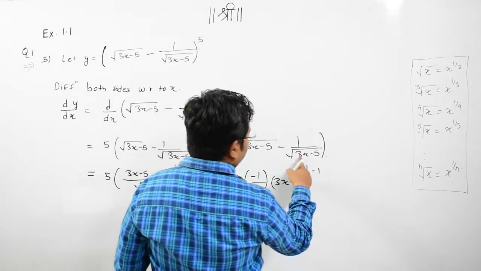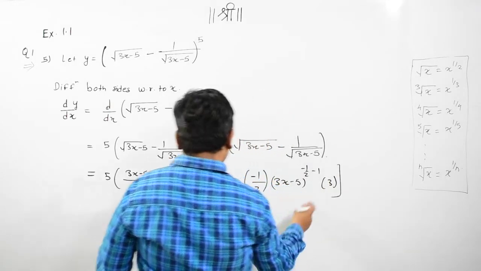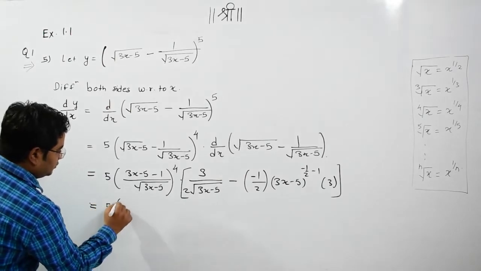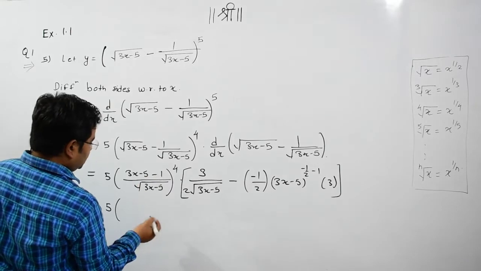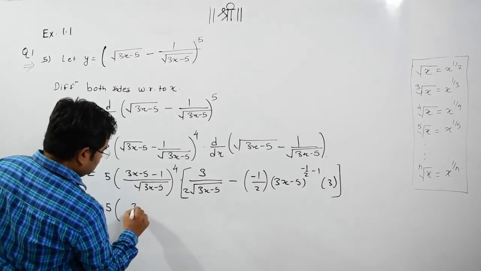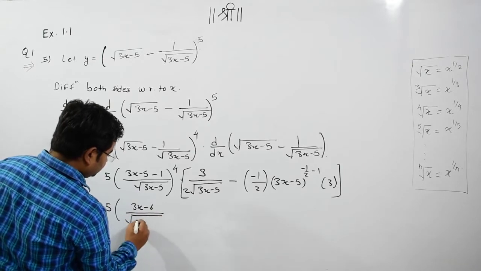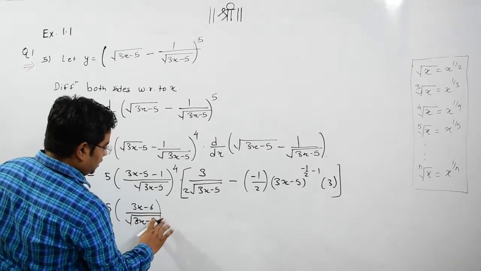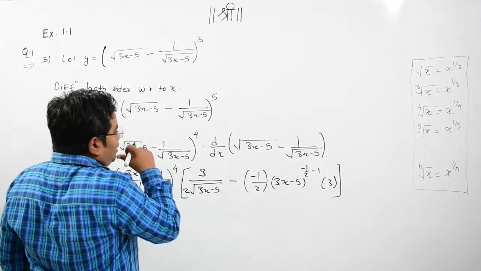Again the derivative of 3x minus 5 will be 3. That's it. Again simplify this bracket, we will get 5. So what is 3 minus 5 minus 1? That will be 6 minus 6. So 3x minus 6 divided by under root of 3x minus 5. Okay, done. Now next step, again we need to simplify this also.